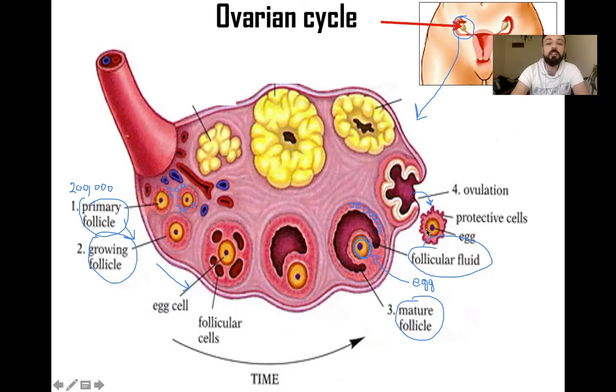Where does the egg go right now? Where is this egg heading? Fallopian tube. If you remember, from the ovary it will be kicked outside the ovary into the fallopian tube, meaning that this egg now has a journey and it has to continue its path towards the fallopian tube.